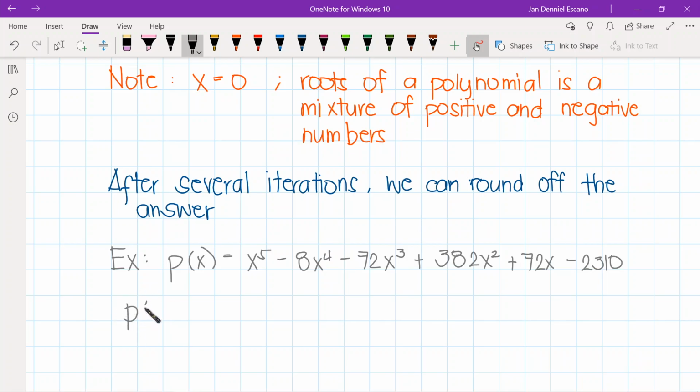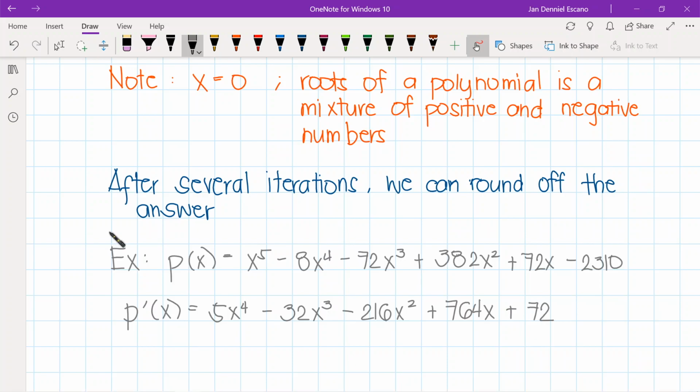By using the power rule in differential calculus, we can get the derivative of this, which is 5x to the fourth minus 32x cubed minus 216x squared plus 764x plus 72.